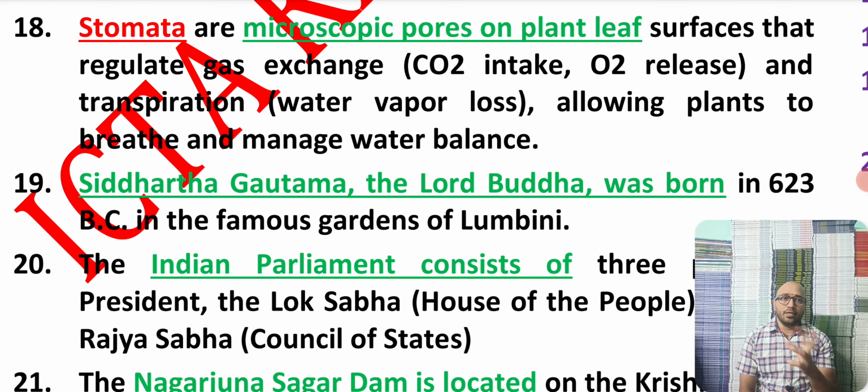The same vice versa happens in plants. Now this transpiration, as you can see, water vapor is lost, allowing plants to breathe and manage water balance. So these are the stomata, the small microscopic pores on the plant leaf.